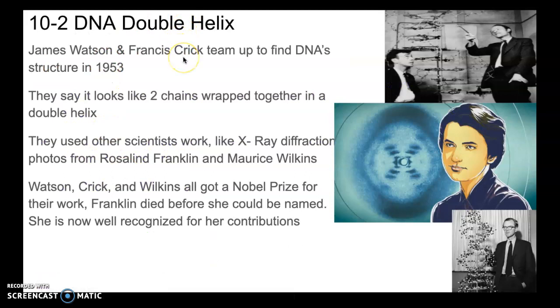So okay, here's why I assigned a video and questions, because discovering the DNA double helix was one of the largest discoveries in human history, only because it took about four people, well, more than four, but about four people who three of them got the most credit. So you'll watch the video and you'll understand why James Watson, Francis Crick, Rosalind Franklin, and Maurice Wilkins are important.